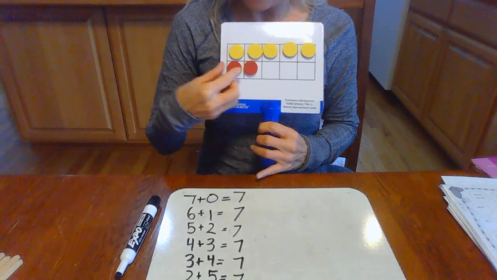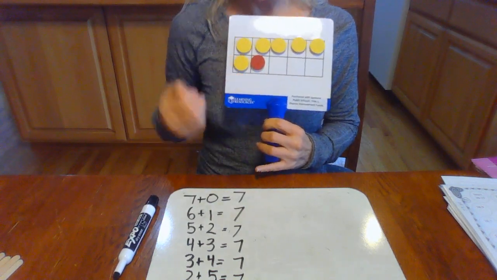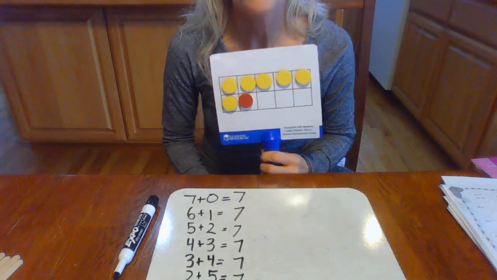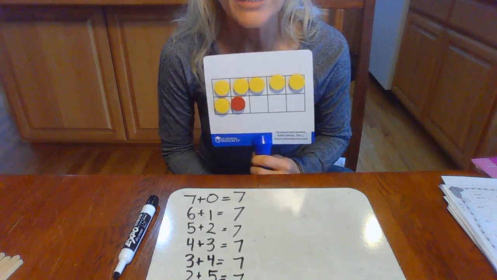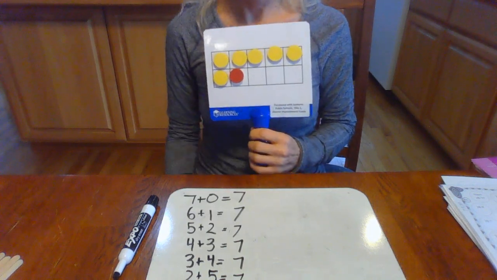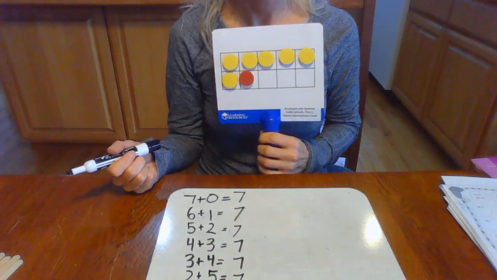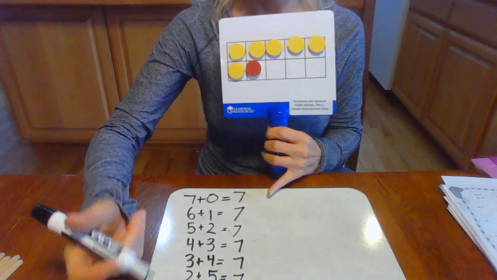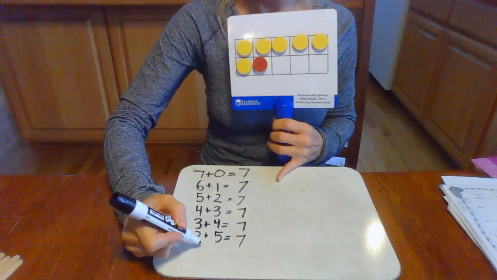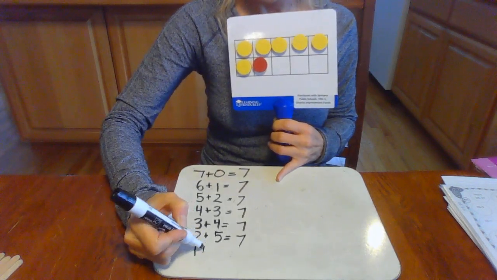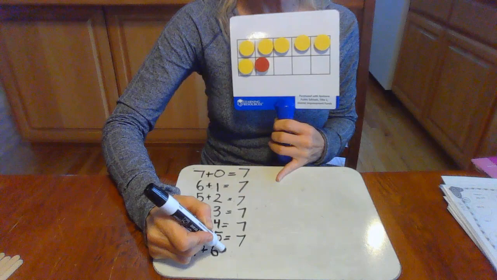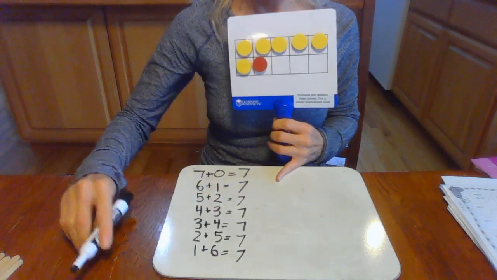Okay, I'm going to turn this one over. How many counters are red now? Just 1. How many are yellow? Well, there's 6, Mrs. Foster. So let's write down that combination. 1 plus 6 equals 7.